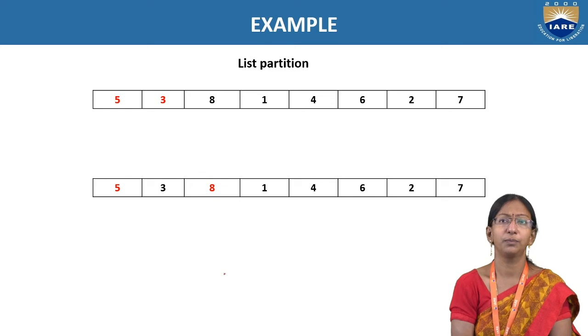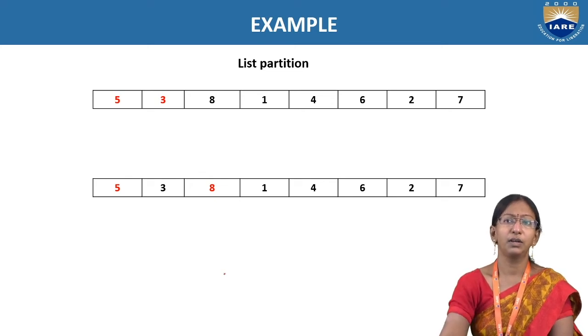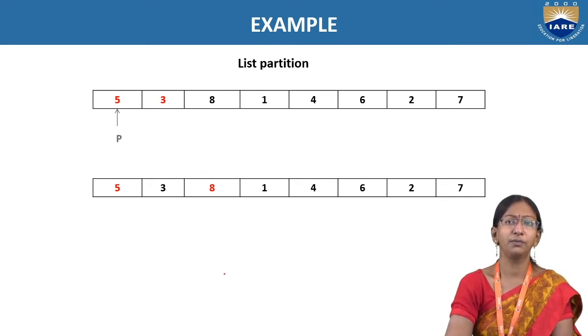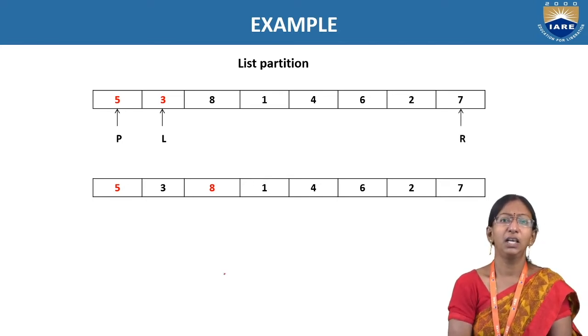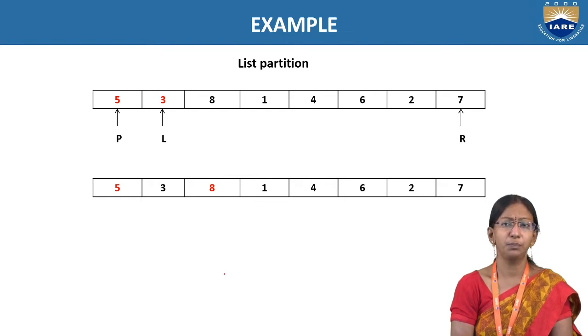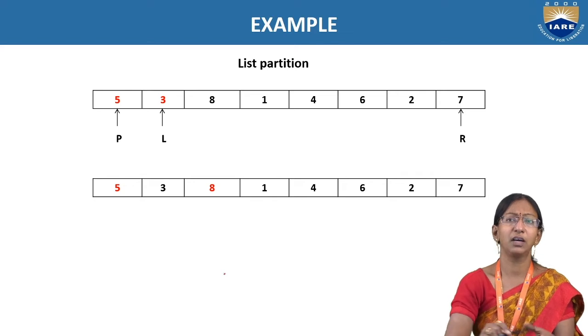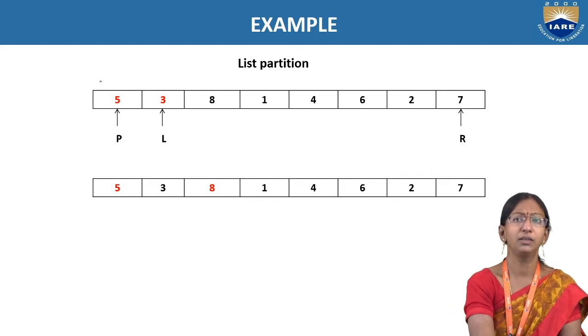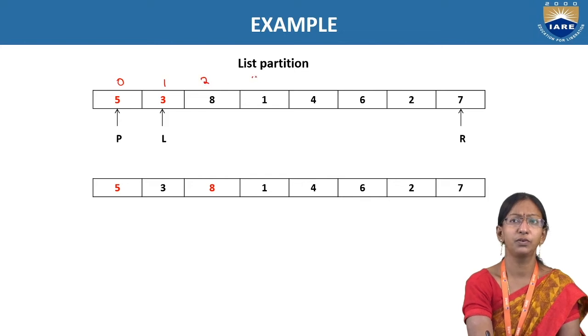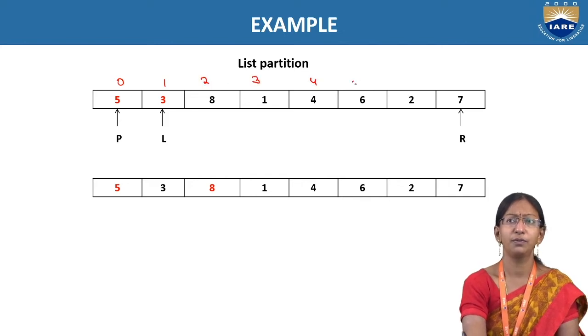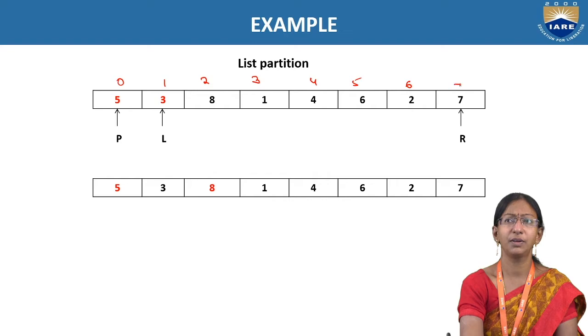Have a look at this one. The given list is 5, 3, 8, 1, 4, 6, 2, 7, where I have taken the leftmost element as the pivot element, right? So now my indexing starts. For example, index values 0, 1, 2, 3, 4, 5, 6, and 7.